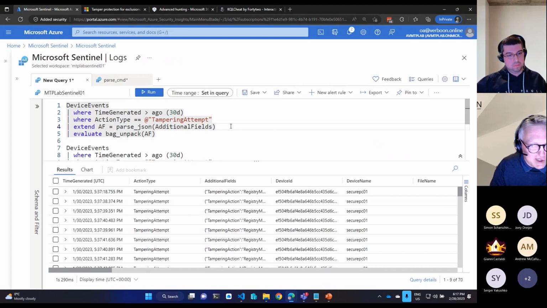But the error had to do with some fields. And I also wanted to include this in a Sentinel analytics rule, which wouldn't work either the way I had structured this query.